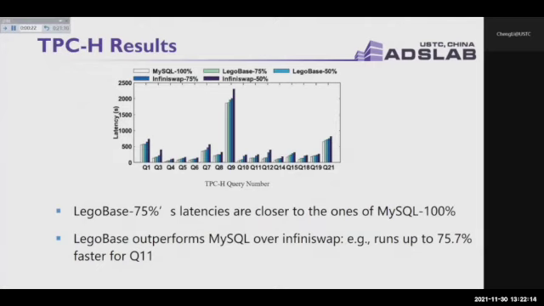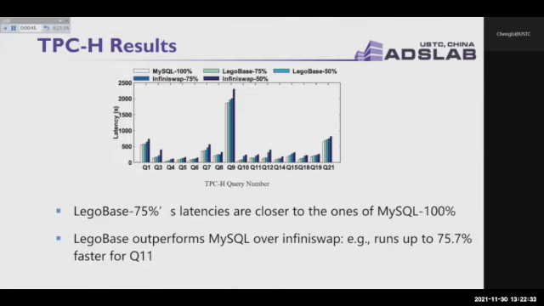Our conclusion is that even if we offload part of the data to the remote site, LegoBase 75% achieves latency as close as the one achieved by the MySQL monolithic setup.